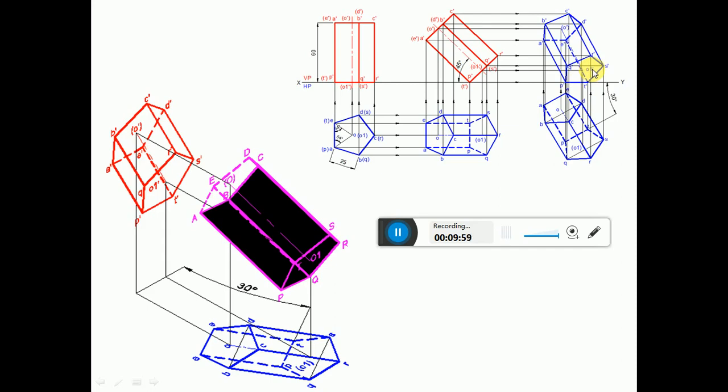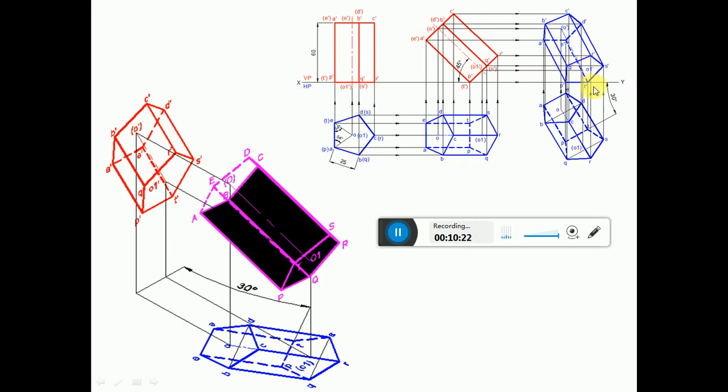Now that O1 dash becomes visible, we will see about E dash T dash. E dash T dash is an edge which is crossing the visible edge Q dash R dash.